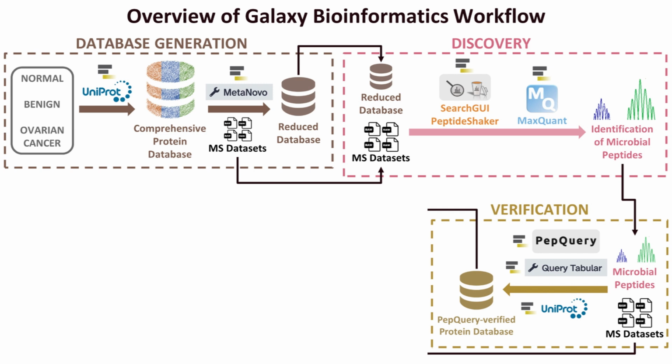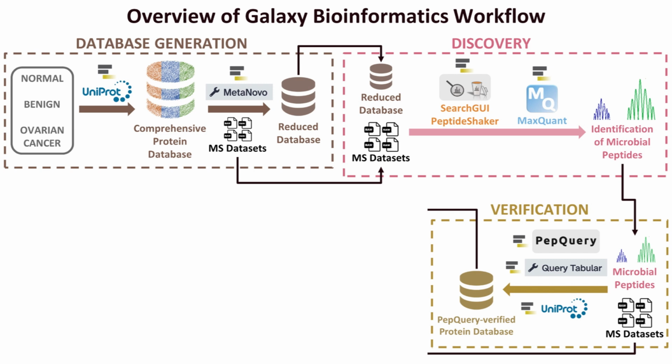Then, using Query Tabular, we will query those verified peptides for their associated proteins. Proteins are cataloged by unique identifiers called protein accession numbers, which we will also call UniProt IDs in this tutorial. The Query Tabular tool will give us these protein accession numbers, but we still need to retrieve their corresponding protein sequences.